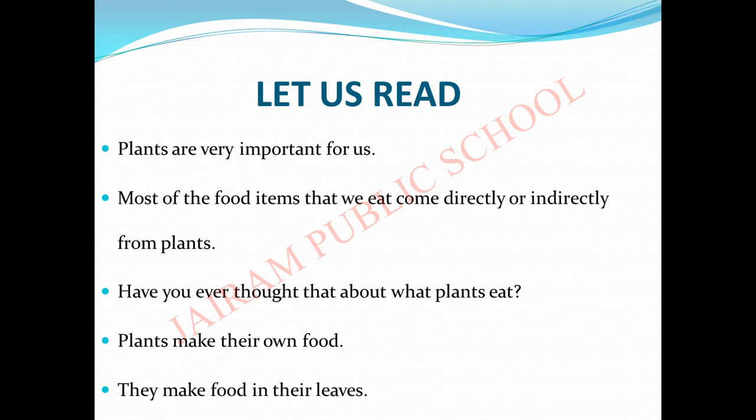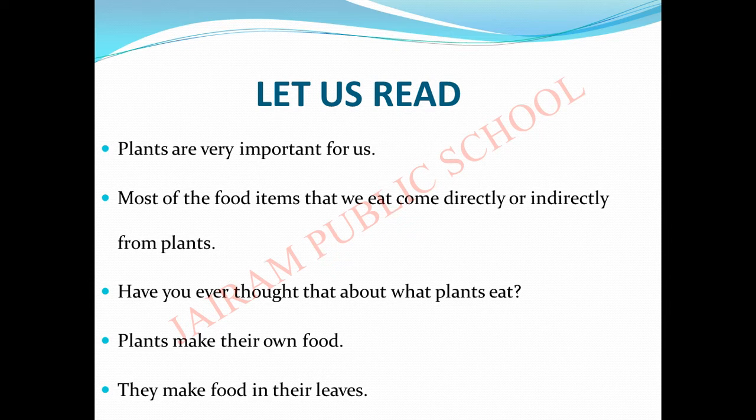Plants are very important for us. Most of the food items that we eat come directly or indirectly from plants. Have you ever thought about what plants eat? Plants make their own food.